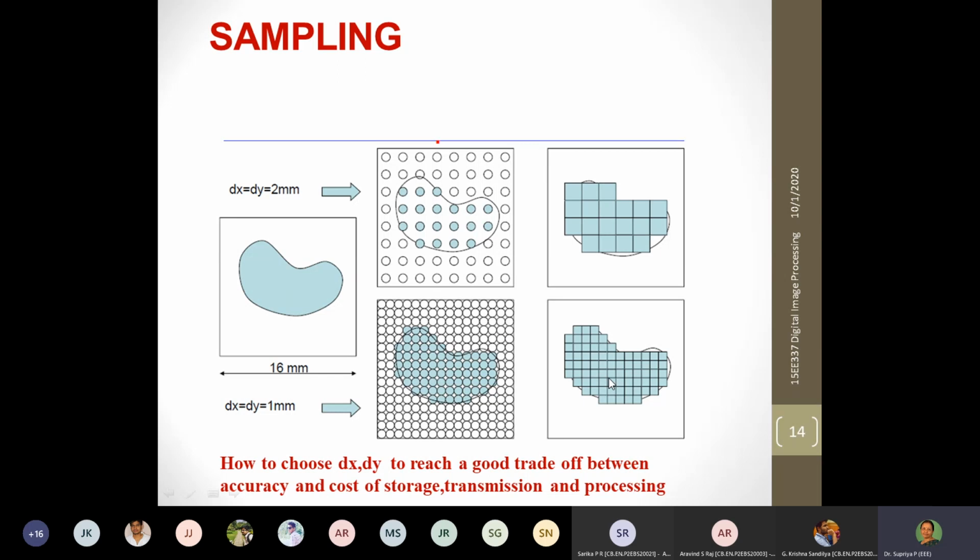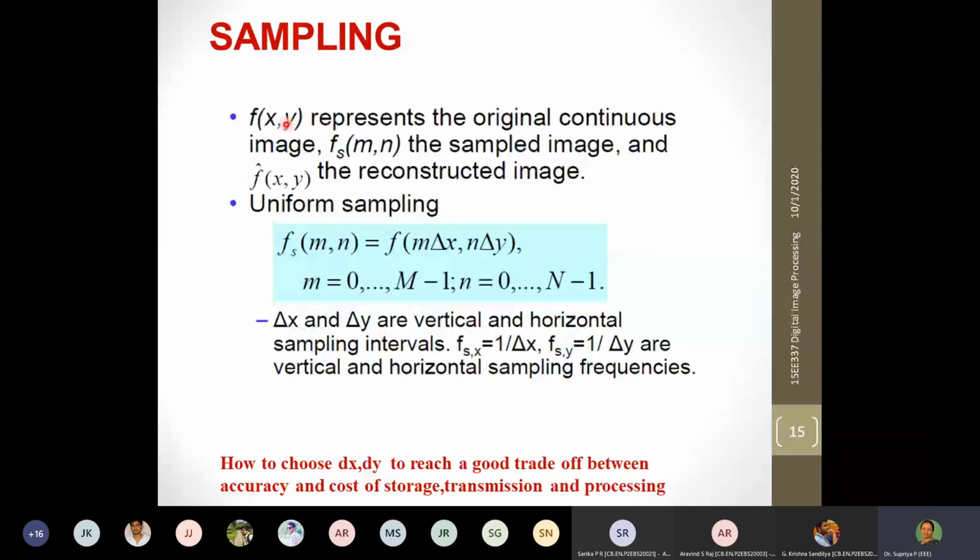So is there going to be a loss of accuracy? This could be represented by going in for a little bit of mathematics, wherein we would say that f(x,y) represents the original image and fs(m,n) represents the sampled image.